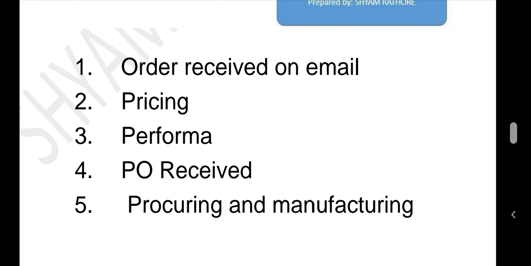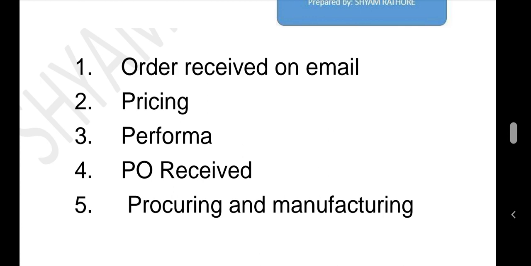The Performa invoice is the document which explains the details regarding the goods, like payment, mode of transportation, payment terms and Incoterms. We can say these are the quoted rates, and if the buyer agrees on that rate, he can send us the purchase order.